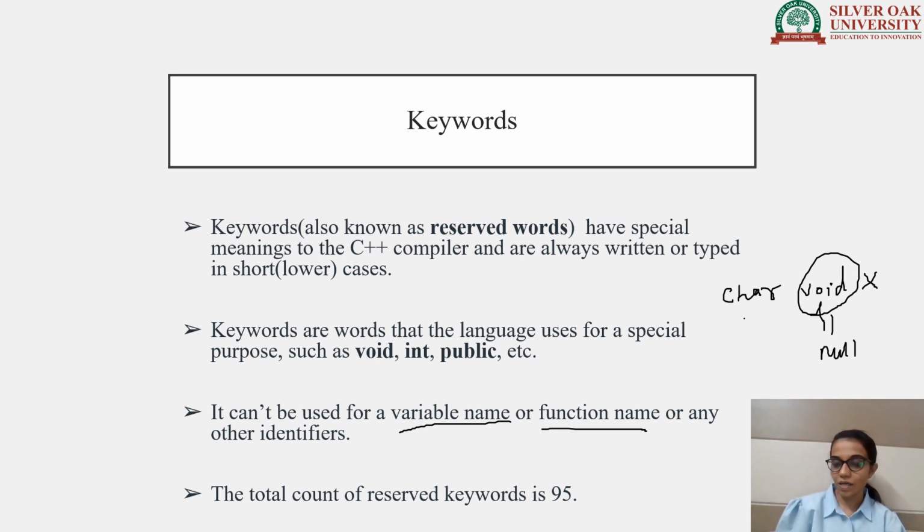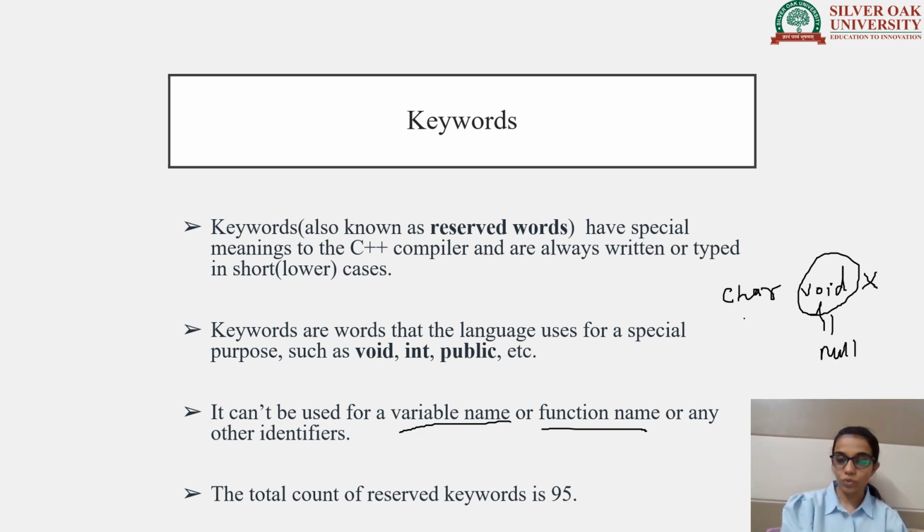We can say keywords are nothing but the constants we have in our language, with fixed meanings. Void means null, int means integer, and public is an access specifier. So we can't take them as a variable name or function name. You have to remember the keywords while you're creating a variable. You should not write any keyword as your variable name.